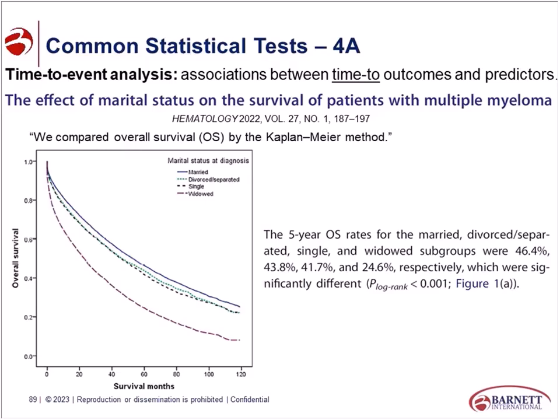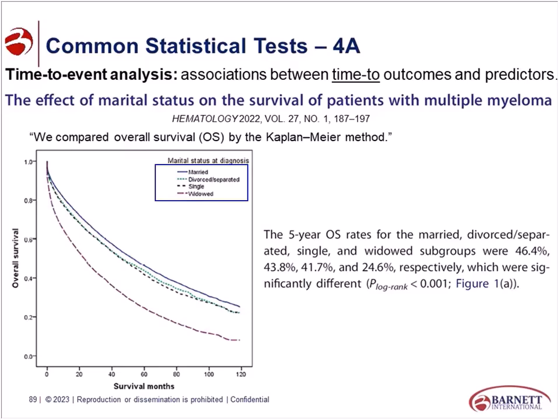All these patients had multiple myeloma. Some were married, some were divorced, some were single, some were widowed. We use time to event analysis to see when they actually pass away.